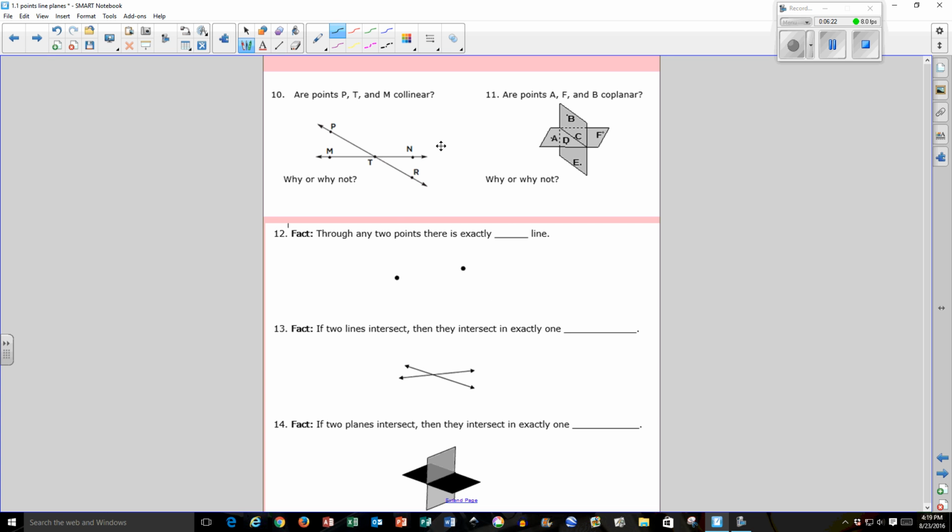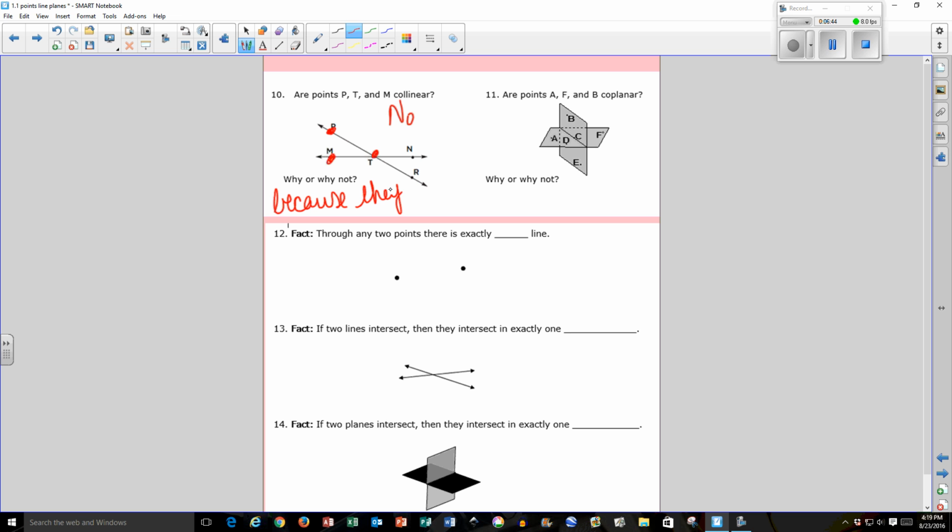So are points P, T, and M collinear? So I'm looking at the points. We've got P, we have T, and we have M. So no, they are not collinear. Why or why not? Because they're not on the same line.